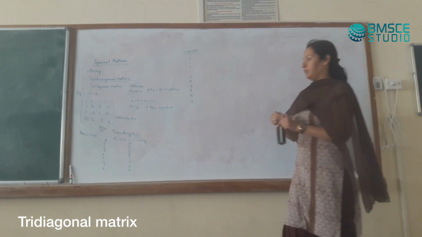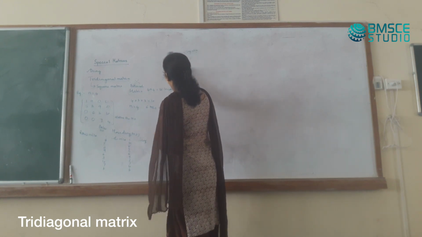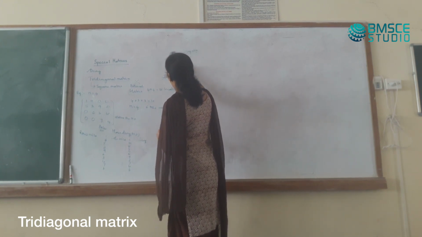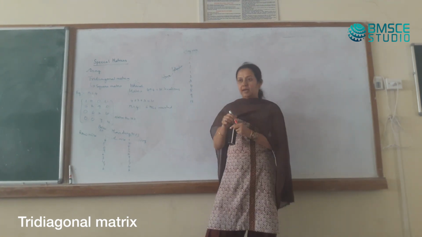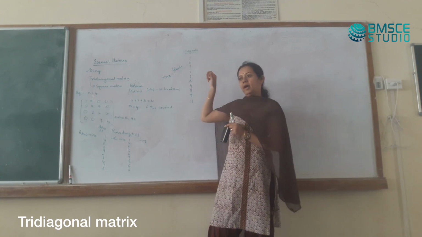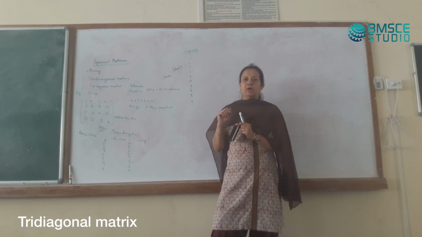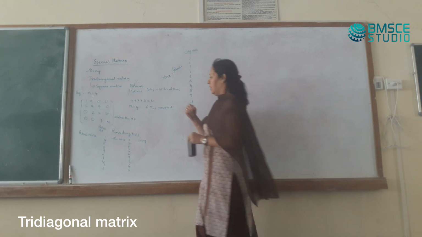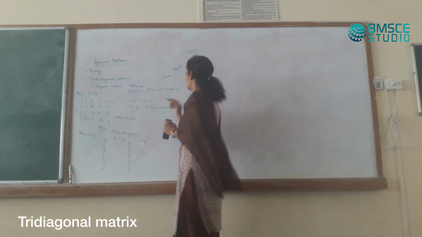Because when we want to store the data, we need a mathematical formula to store the data in some particular position and also to retrieve the data given the row number and column number. So let us decide to store it diagonal wise.